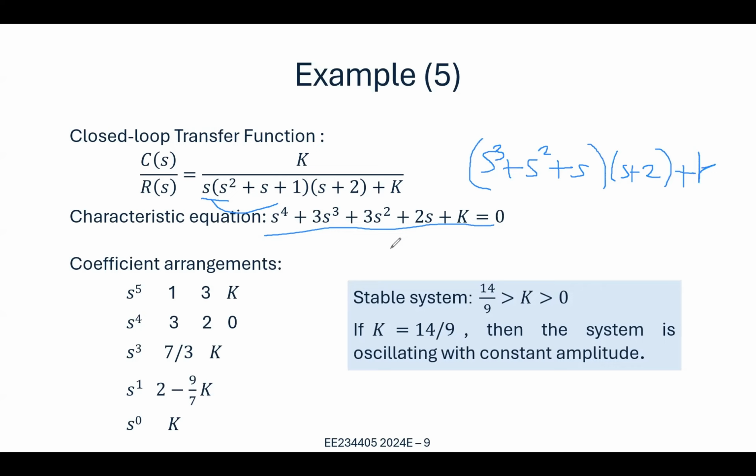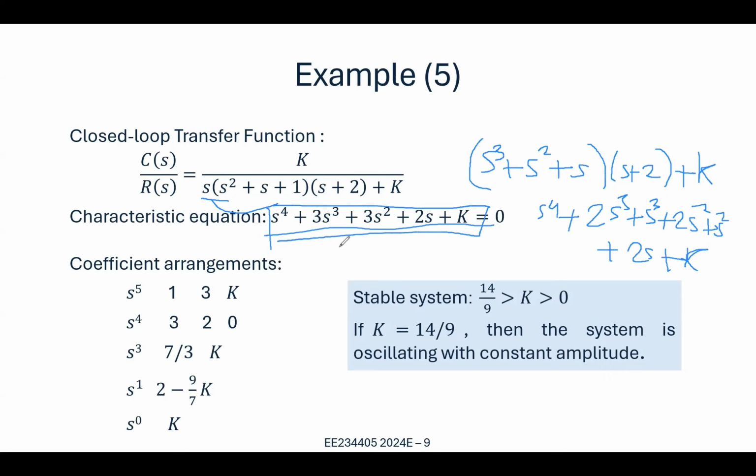So we have now s to the power of 4 plus 2s to the power of 3 plus s to the power of 3, plus 2s squared plus s squared, plus 2s plus k. Right. Now we arrive at this characteristic equation, and we perform the coefficient arrangement as usual.